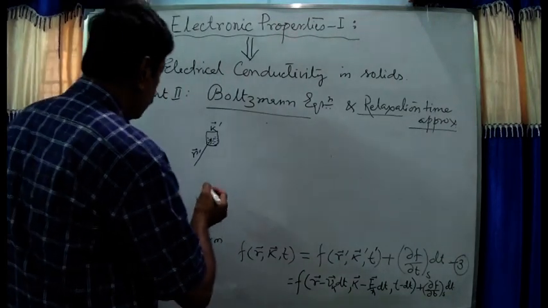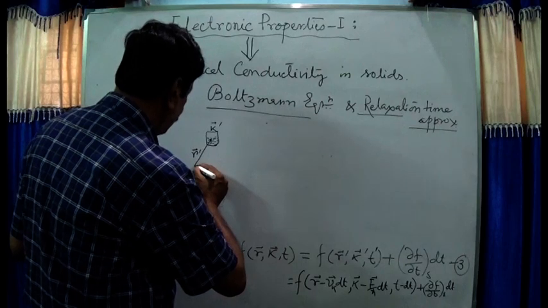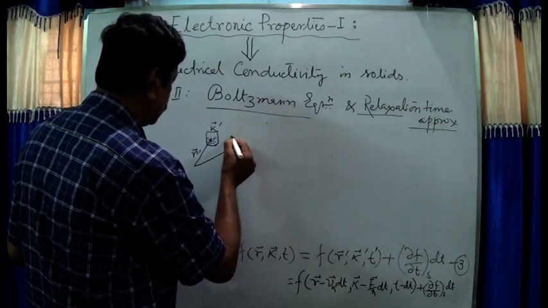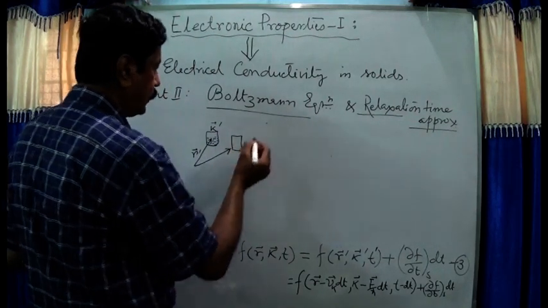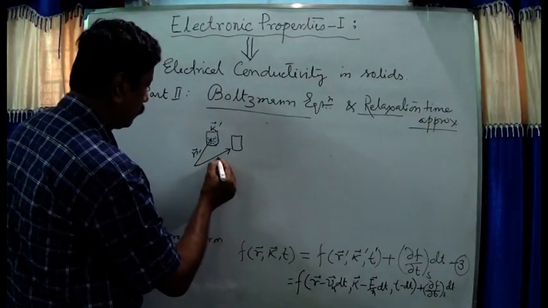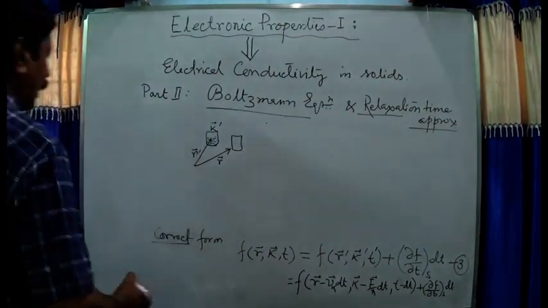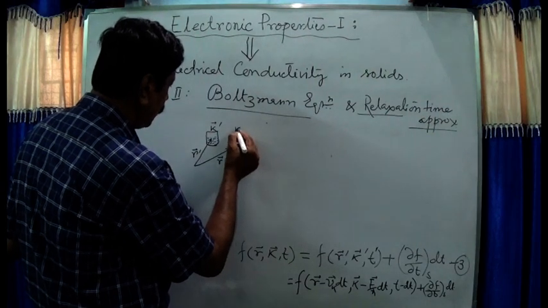After an infinitesimally small time gap delta t, let it come to a new configuration in hyperspace where r prime now became r and k prime now became k.